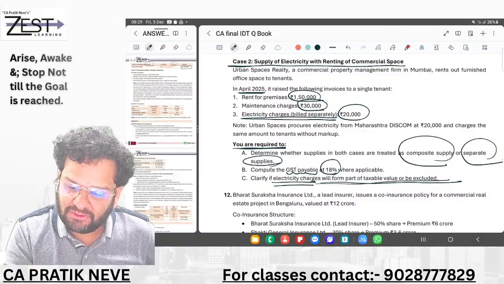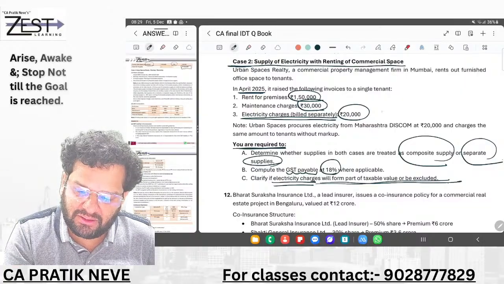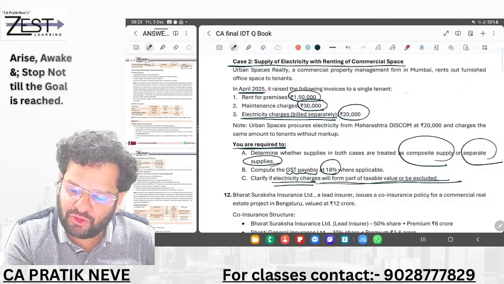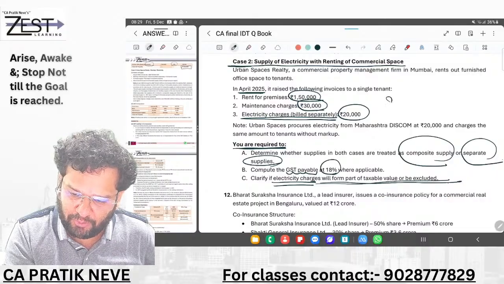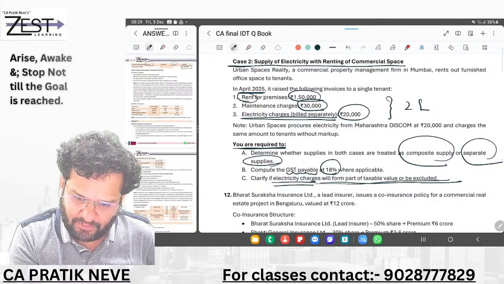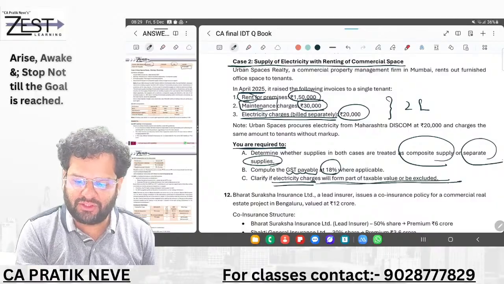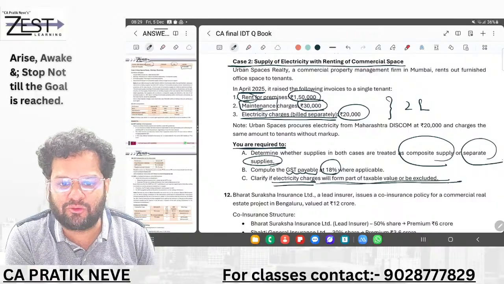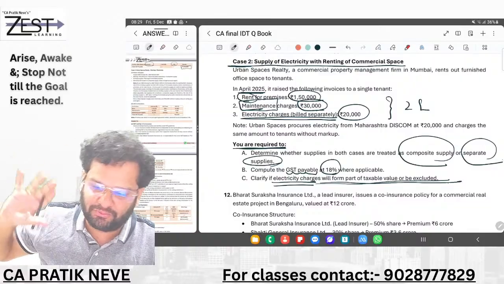In short, what has happened is I have given you property on rent and I am charging from you 2 lakh rupees in total. The breakup of 2 lakh is given. 1,50,000 is rent, 30,000 is maintenance, and 20,000 is electricity, which I am not providing, but I am just passing on the bill to you.